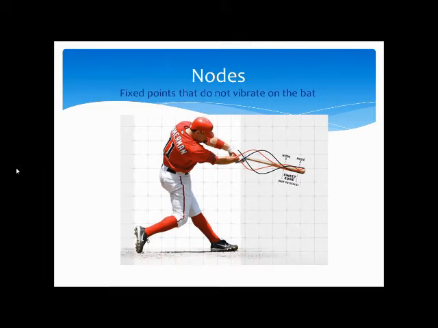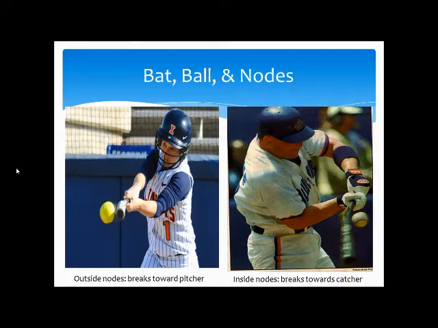There are 2 nodes on a bat, and nodes are the fixed points that do not vibrate on the bat. As you can see in the picture, the first node is about 6 inches down from the top of the bat, and the second node is further down. The sweet spot is in between the 2 nodes. Wherever you hit the ball depends on the nodes.